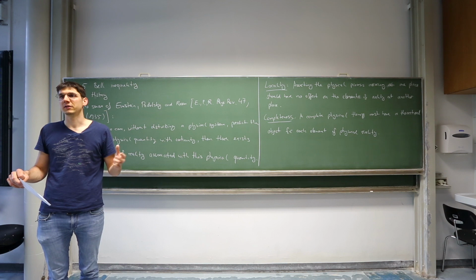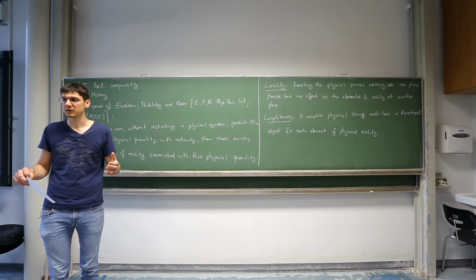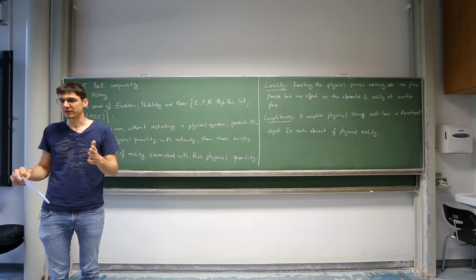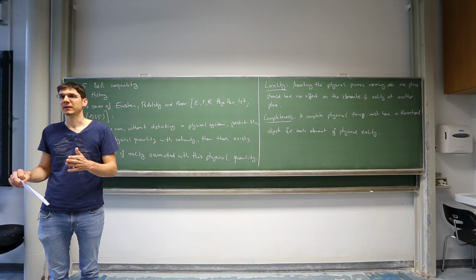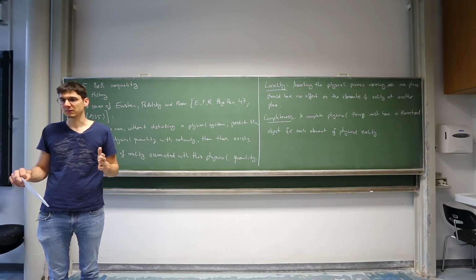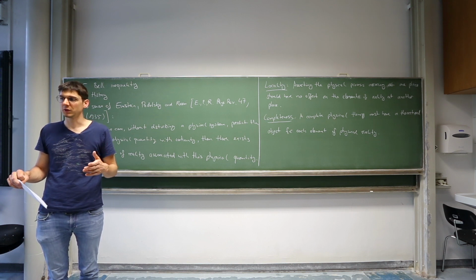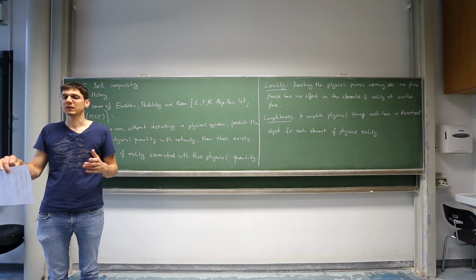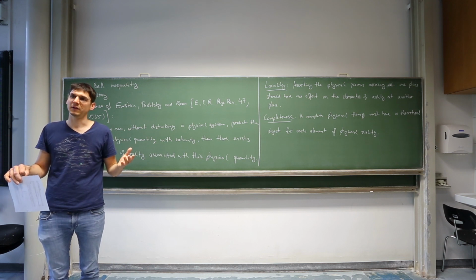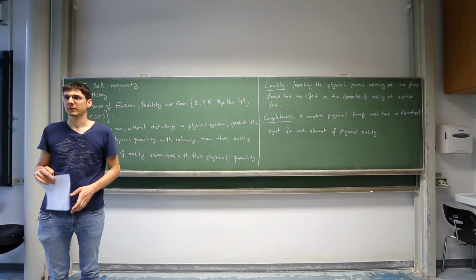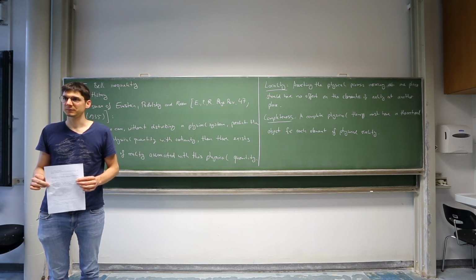We're going to do the very same thing by assuming that quantum mechanics is complete, using the quantum formalism that we introduced in the last two weeks, and we will find that from a quantum mechanical point of view this object can be different than from a point of view where we have a local real theory. We're going to do this after the break, so let us meet in 10 minutes.